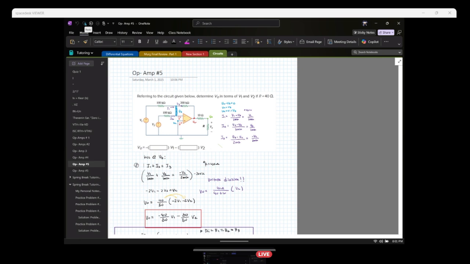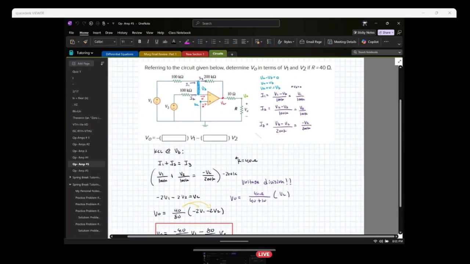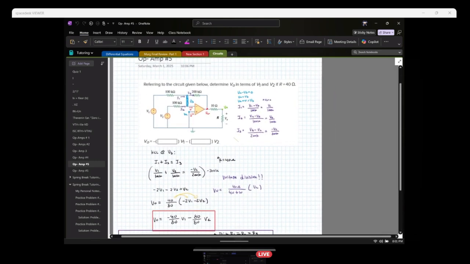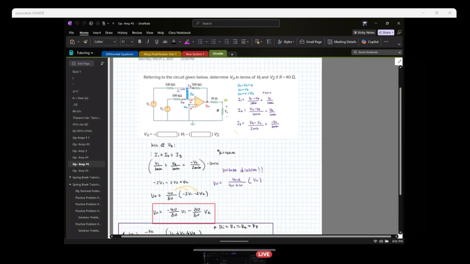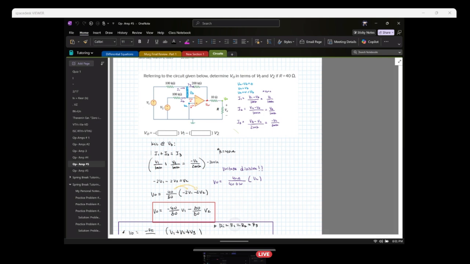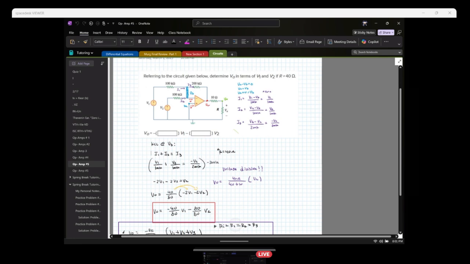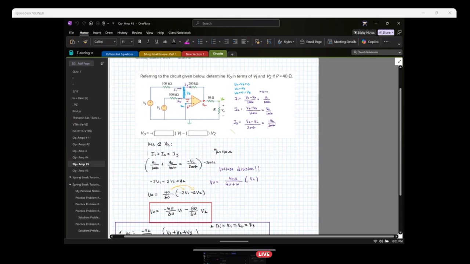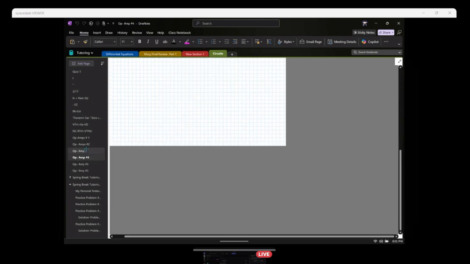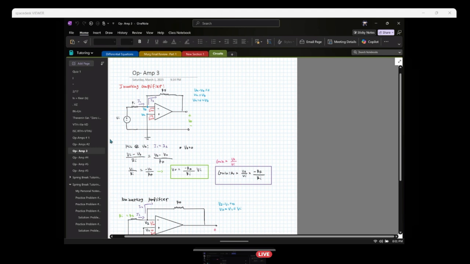I remember, you find the currents in. VO was just straight up the... That'll be not inverted.